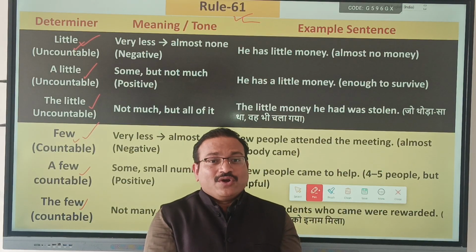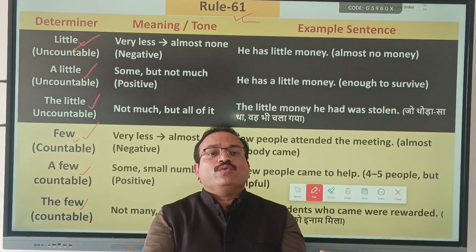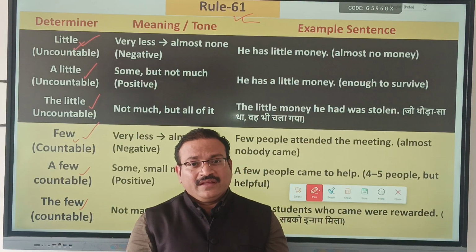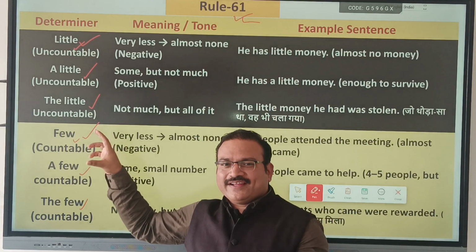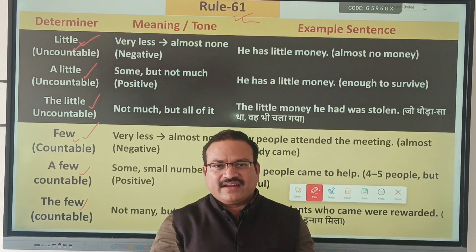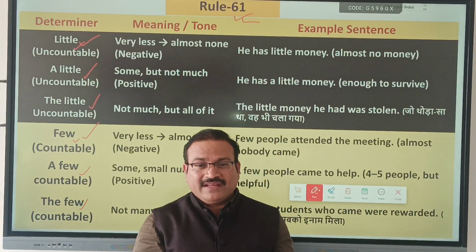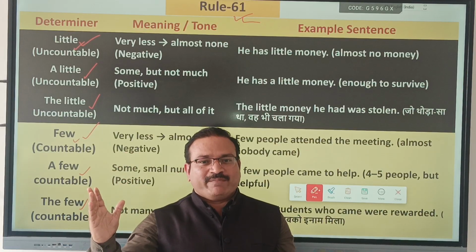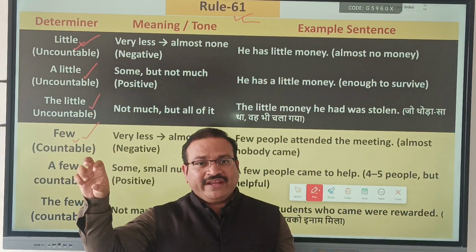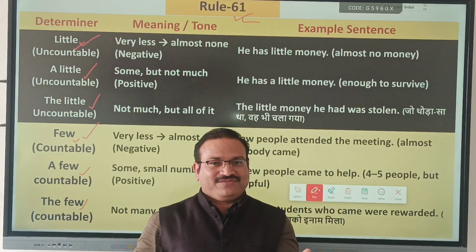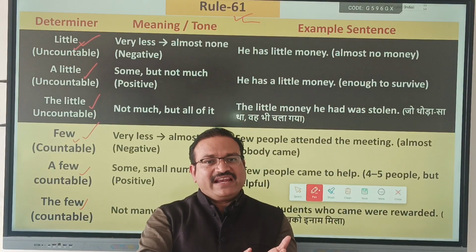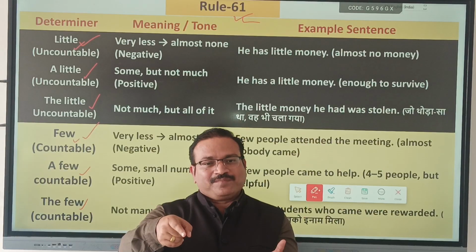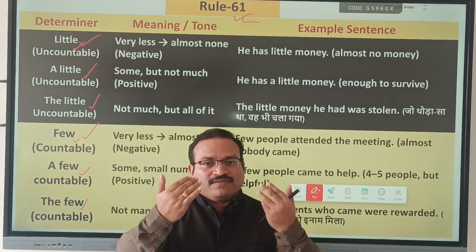And the few means all of the few, जितने लोग हैं उतने ही सारे. पूरा इसमें कोई नहीं है, बस मात्रा का अंतर है, संख्या का अंतर है. किसके हिसाब से? As per the need, requirement, what you need and what you have. When very very less, little, considerable, a little, the little means all of the little.